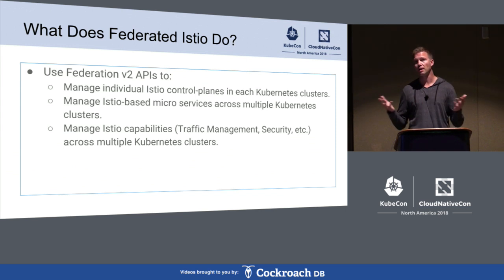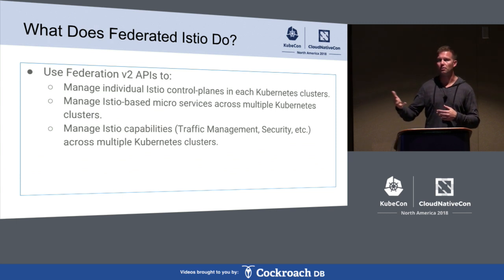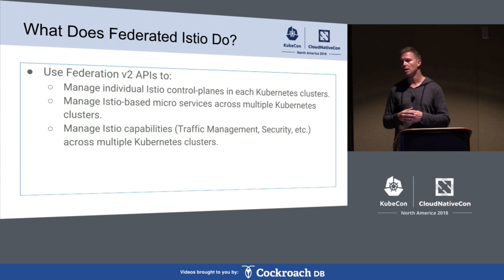If you're familiar with it, it's a polyglot application that has several different services, a reviews service, a ratings service, and so on. It then exposes the application through a front end called productpage. I'm taking that same application and federating it using the placement, template, and override resources provided by Federation v2.